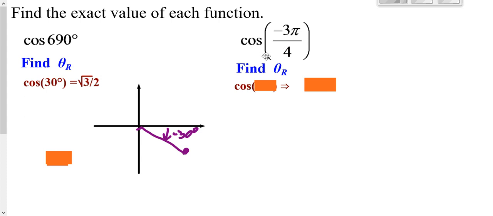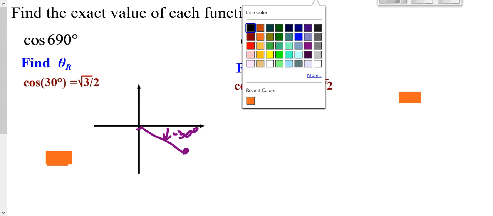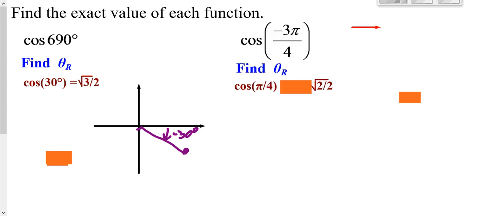Now, over here on the right, we're dealing with something pi/4. Remember, your reference angle for anything pi/4 is pi/4. Cosine of pi/4 you're supposed to have memorized, which is √2/2. Now you have to decide where that is so that you'll know if it's positive or negative.